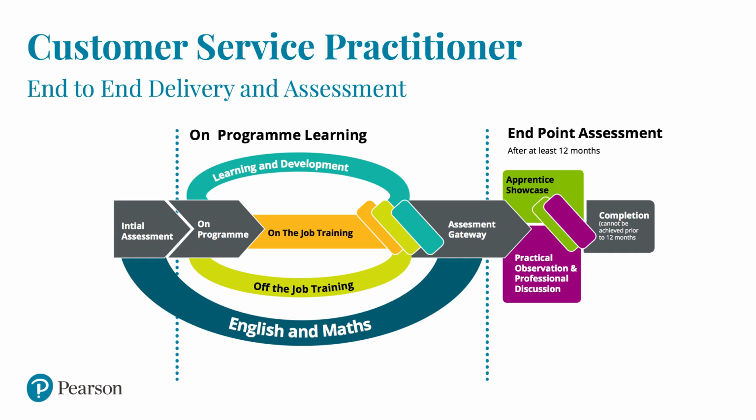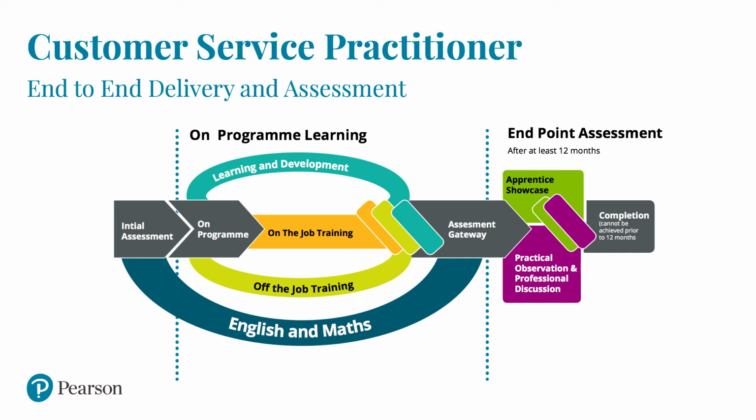But what you'll see during on-programme, and this diagram is lifted straight from the apprenticeship standard, is a 12-month minimum on-programme phase, and within the on-programme phase there will of course be on-the-job training, the requirement for 20% off-the-job training. This will all be supported by a robust programme of learning and development, and we anticipate that at this phase is where English and maths level 1 will be undertaken for those apprentices who do not already have that.